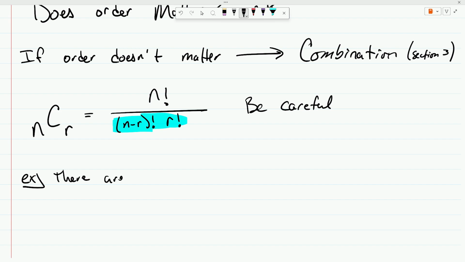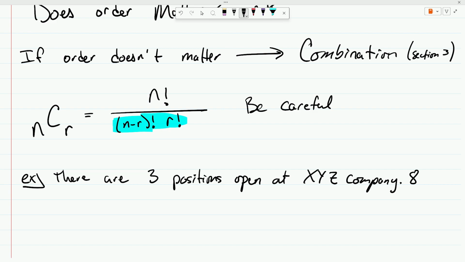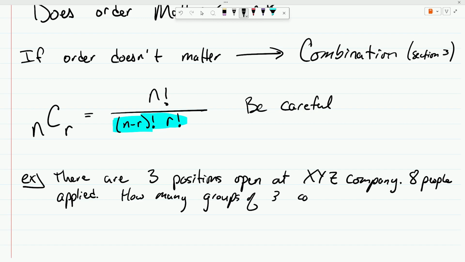There are 3 positions open at XYZ company. 8 people applied. How many groups of 3 can we create?